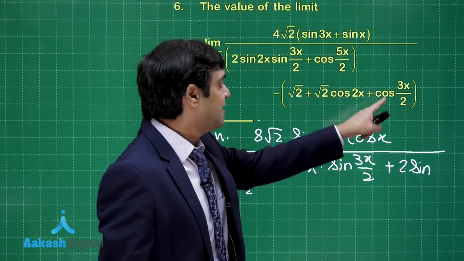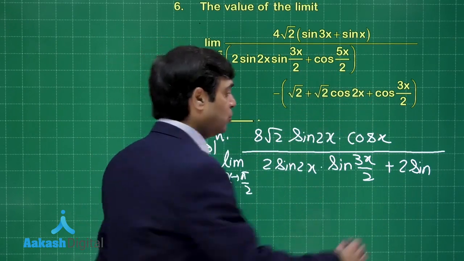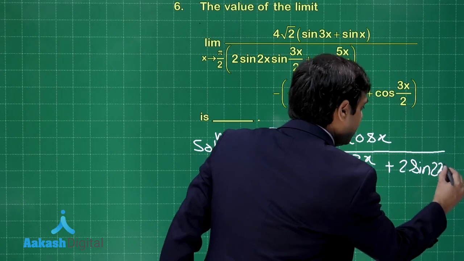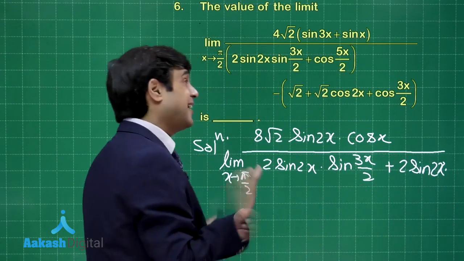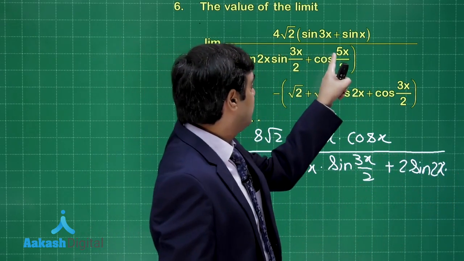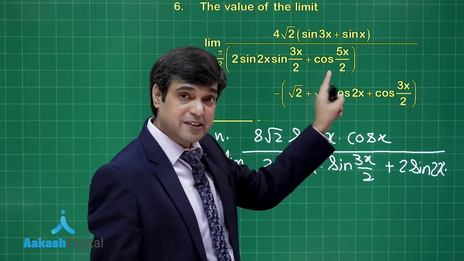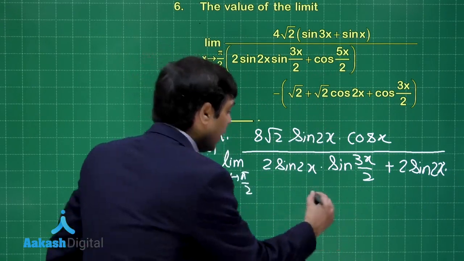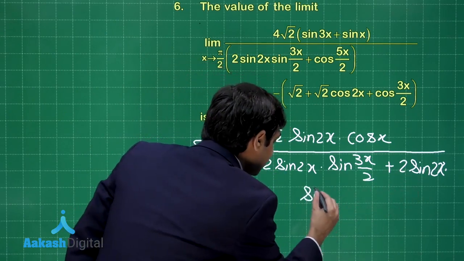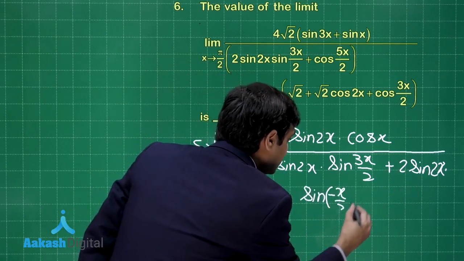So you have 8 by 2, that is 4x, upon 2, that is 2x. This is multiplied with sine minus C plus D by 2, that is 3x minus 5x, 2x upon 2, simply minus x, upon 2. So you have multiplied with sine minus x by 2.